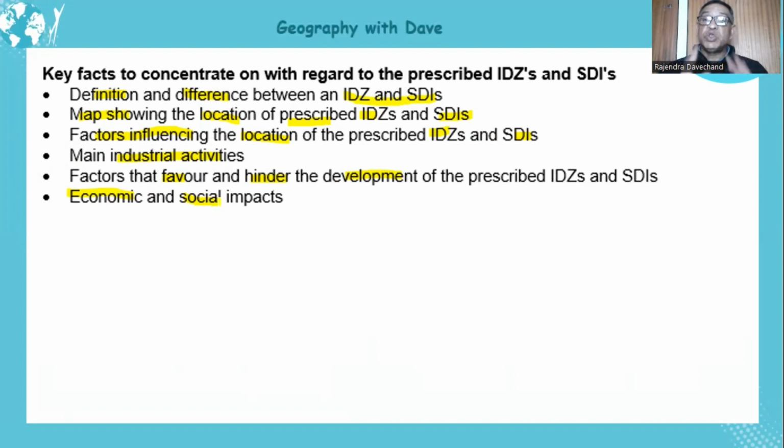Because if you build beautiful roads, you will definitely attract people, because it's creating accessibility. So that's your differences and your explanations of the Industrial Development Zone and the Spatial Development Initiative.